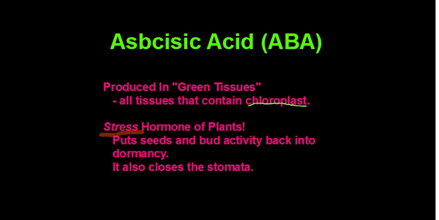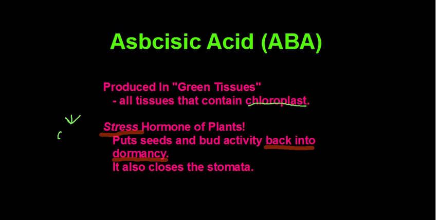And now, if there's a high level of the ABA in the plant system, they actually start to put the seeds or buds back into their dormant phase. And that's the exact opposite of what we talked about with the gibberellins. So instead of increasing activity, it is decreasing activity.